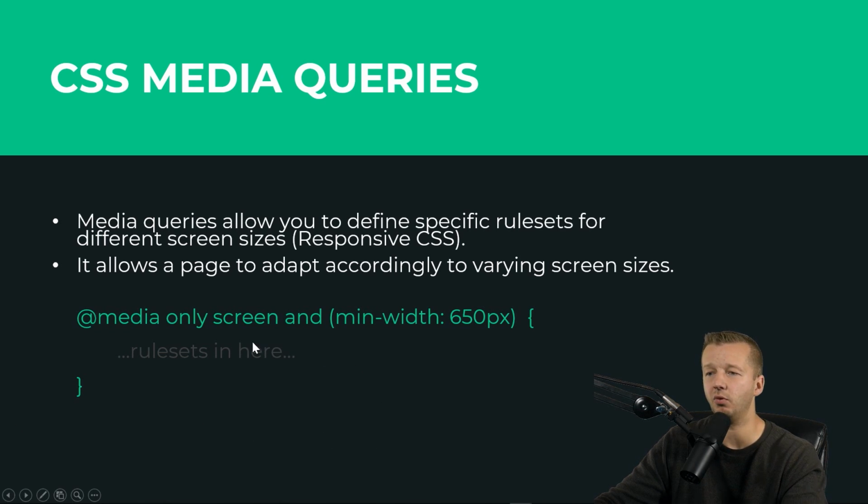This is an example of what a media query looks like. You define it up here, and you use something like min-width or max-width, and you give it a value of maybe something like 650 pixels, and then you put in your rule sets here where you can either add, remove, or define new rule sets or overwrite rule sets that were written outside of here to change them based on the width of the screen.